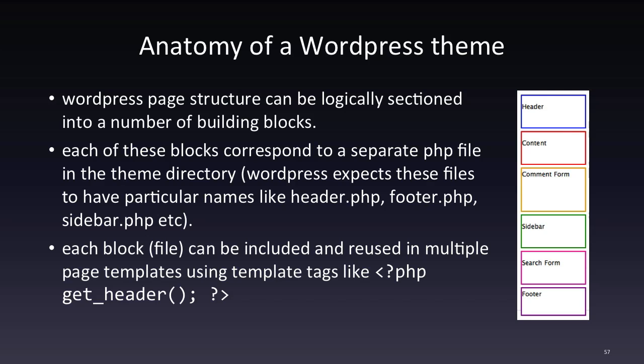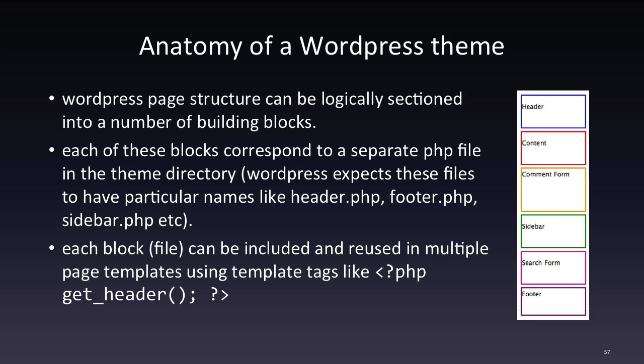Okay, so we'll look at the page structure of a WordPress theme, so how it's separated into its various template files. Again, this is going to be similar to what we did separating out our PHP files in the tutorial last week. WordPress page structure can be logically sectioned into a number of building blocks, as demonstrated by this image on the right here.